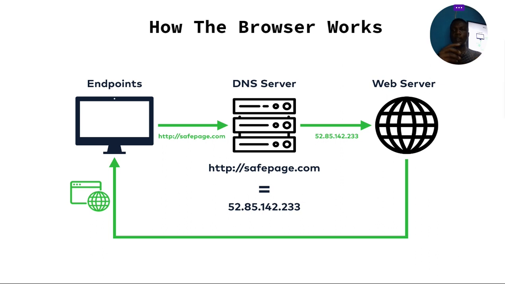So this is how the interaction occurs. Most times you may try to access, maybe, google.com. Now remember, computers don't understand human readable language. They understand binary language, which means ones and zeros, just two digits. Computers understand more of on and off.